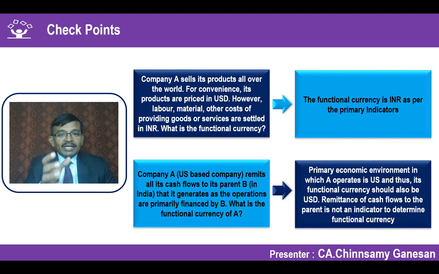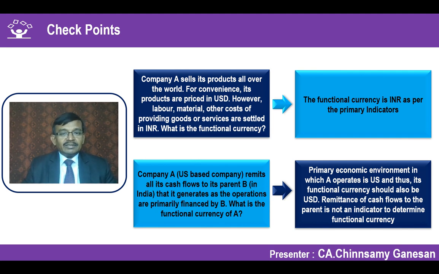Assuming that, based on the answer, in this fact pattern the US company has its own independent cash flows, and whatever cash flows it generates, it sends to the parent company, which is company B, because its loan has been taken from that. So the loan taken is not the primary influence on the autonomy. That's what the facts of the case say, though I assume some more information is required.